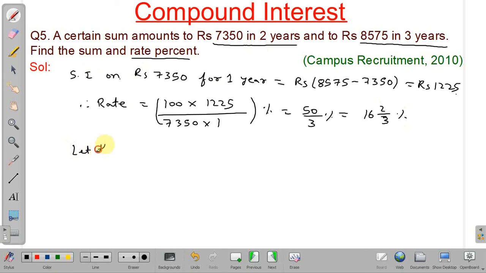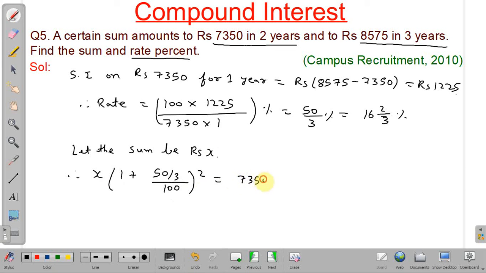Let the sum be rupees x. Therefore, the amount will be x into 1 plus rate of interest, that is 50 by 3 as we have calculated, divided by 100 to the power 2, and it will be equal to 7350. So 50 into 200, it will give x into 7 by 6 square, so 7 by 6 into 7 by 6, and it will be equal to 7350.